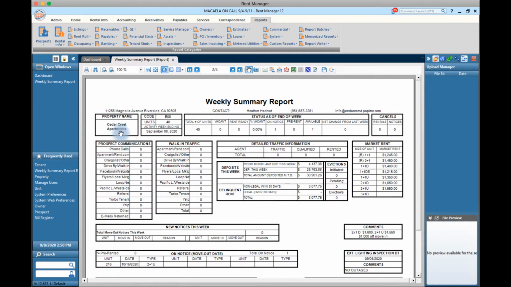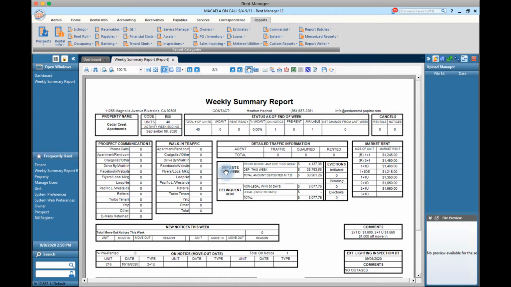This is for Cedar Crest Apartment. We have the property code right here, the number of units, and the date you ran the report. We also have the property address right here, and the manager information right here. One of the most important areas in the report is the status as of the end of the week. It's almost like a summary of the weekly summary report.